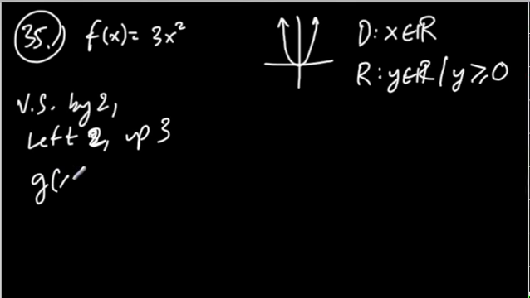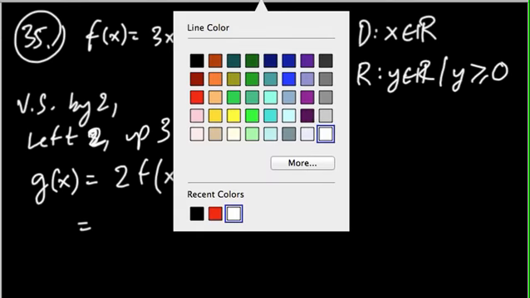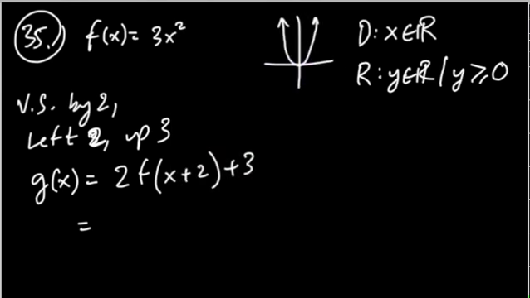So g of x in this case would simply be 2f of, and since there's no reflection, there's no negative, left 2, so it's going to be x plus 2, and then it's up 3, so it's plus 3. And remember, all we're doing now is taking this argument right here and plugging it into that x over there, okay?